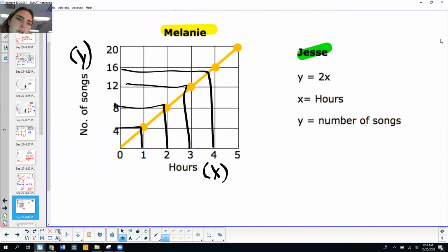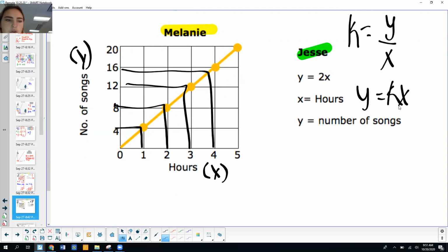So I'm going to do my k. If we remember, k equals y divided by x, and then y equals kx. So I'm going to do y, which is 4 in this case. So 4 divided by 1 equals 4.